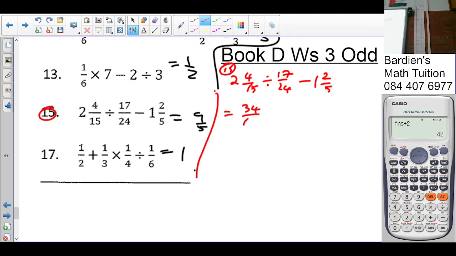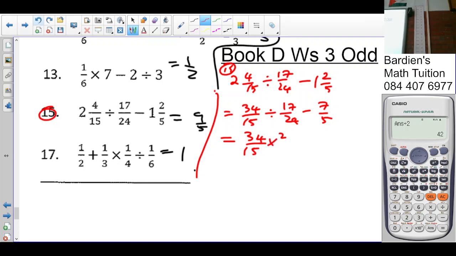34 over 15. Divided by 17 over 24. Yes. Minus 7 over 5. It's correct? Then 30. Okay, so then I simplified. So you said that, he cancels that. Oh, I forgot the 7 over 5. You didn't write the 7 over 5. You're breaking families up, Michael.